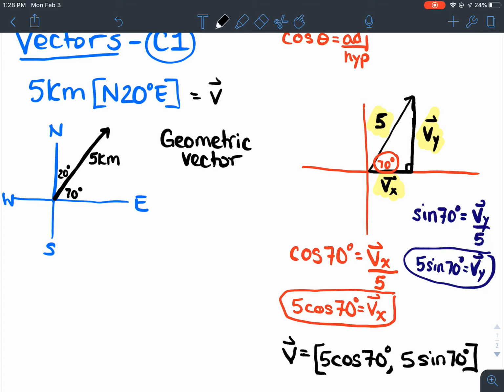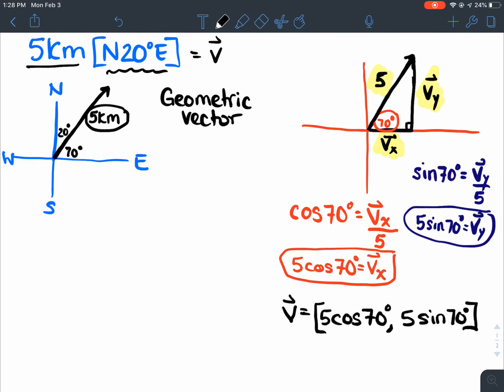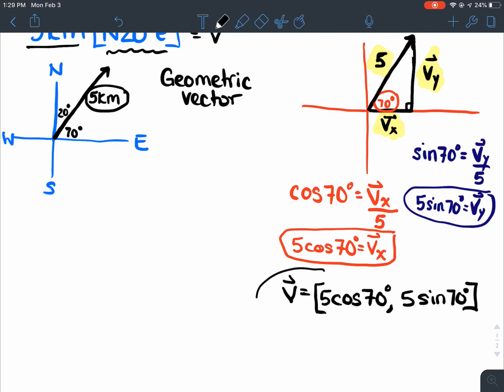How we write geometric vectors is we write the magnitude of the vector, so 5, and then we write the direction. With an algebraic vector, we don't have to write a direction like north 20 degrees east. We just write it like this.